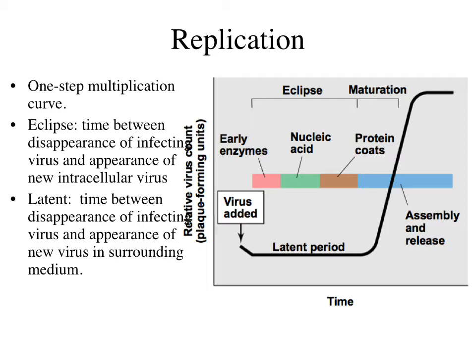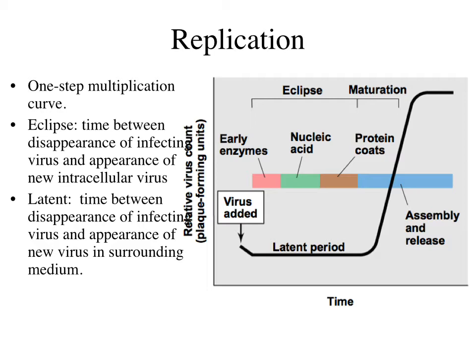So you have replication of early enzymes, you have replication of the nucleic acid, then you have replication of the protein coat. During this time, you can't detect any complete infectious virus, and this would be the latent period. So this is the time between disappearance of infecting virus and appearance of new virus in the surrounding medium.